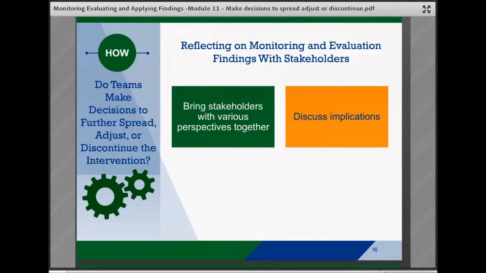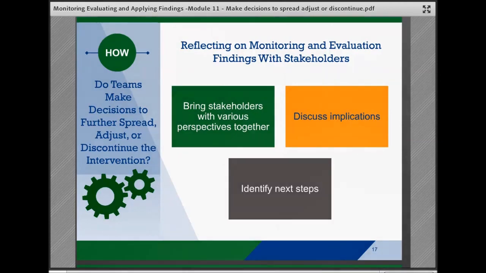Do the findings suggest that there are adjustments needed, or does effectiveness suggest that it could be further spread? And identify next steps as a group. What needs to happen to either spread, adjust, or discontinue the effort? These are valuable opportunities to reflect on what the data reveal about what has worked, what hasn't, what it means, and lessons learned for moving forward.